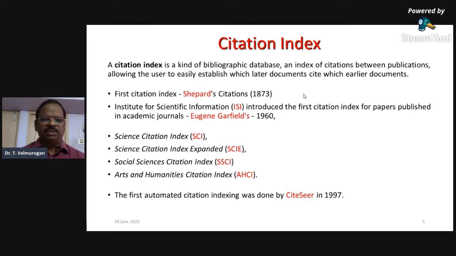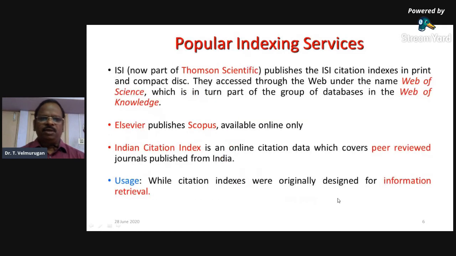Now there are various very famous citation indexes: SCI, SCIE, SSCI, and AHCI. The first citation index was actually produced by the company CiteSeerX in 1997.